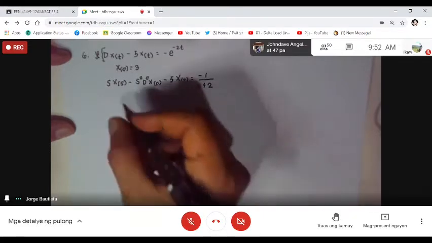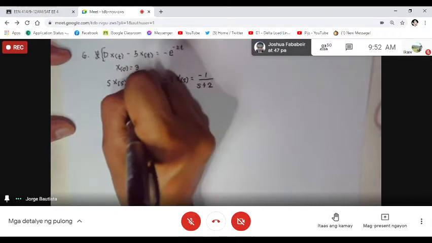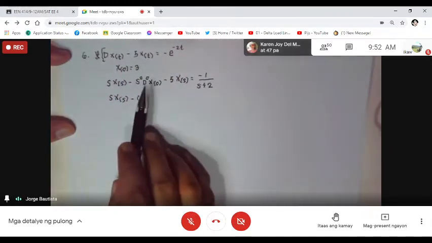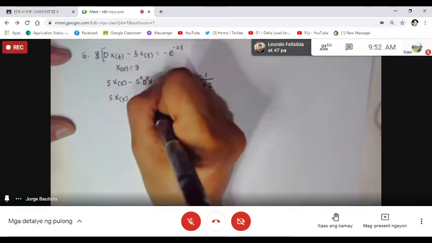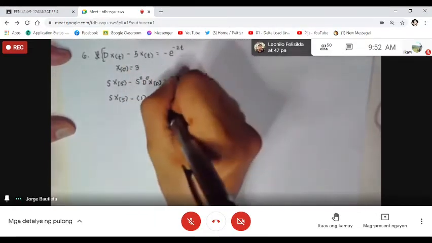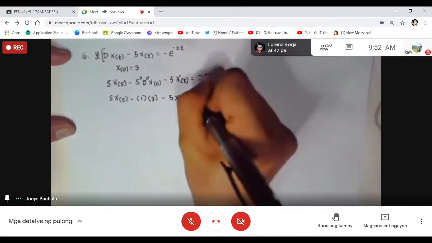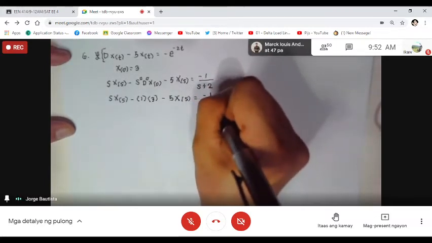So, s X(s) minus 1, x(0) is 3, times 3, minus 5 X(s) equal to negative 1 over s plus 2.